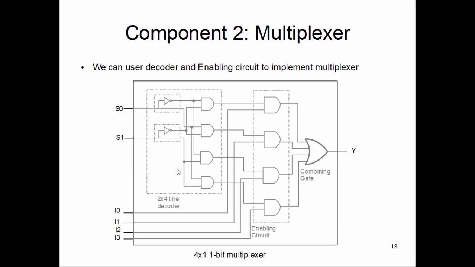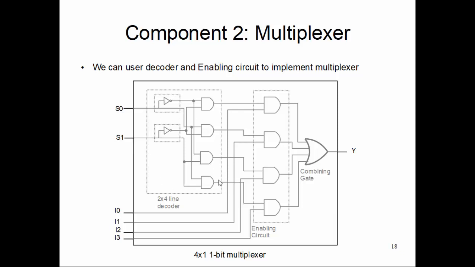So all the upper 3 AND gates on the enabling circuit side will have at least one input as 0. So their outputs will all be zeros. They are deactivated. Only the bottommost output of the internal 2x4 line decoder will be 1.